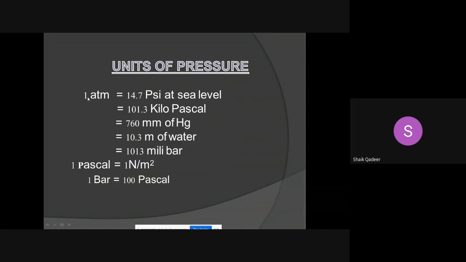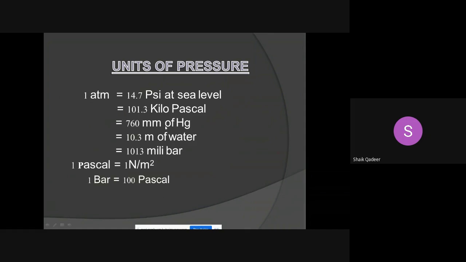Basically, pressure is measured in terms of atmospheric pressure. So 1 atm is nothing but 1 atmospheric pressure. Its value in other forms: in PSI, which stands for pounds per square inch, it is 14.7. In kilopascal, it will be 101.3.